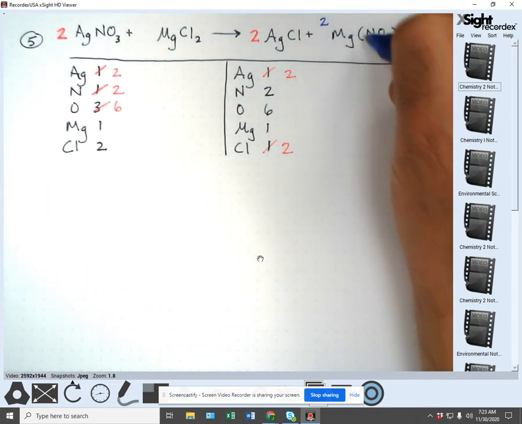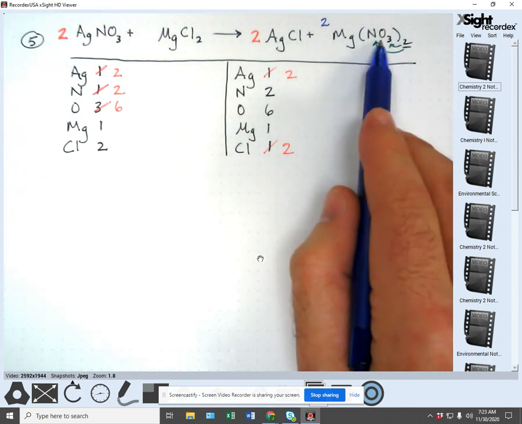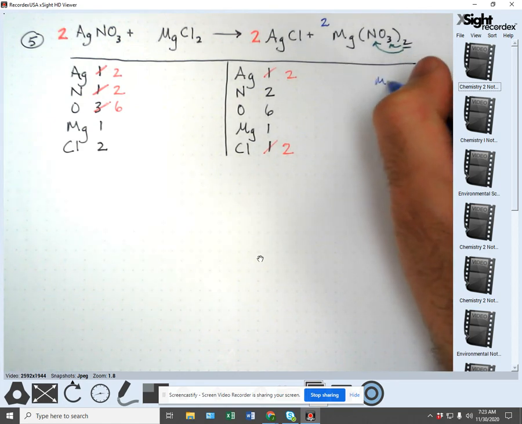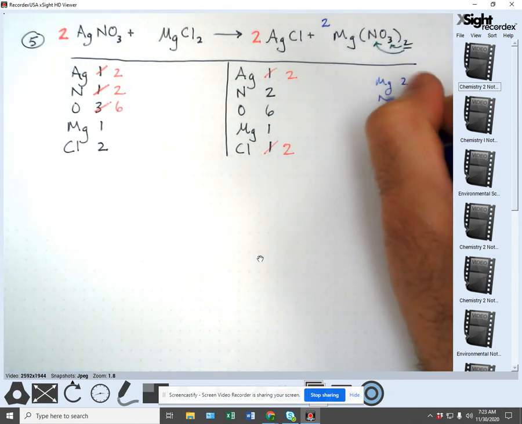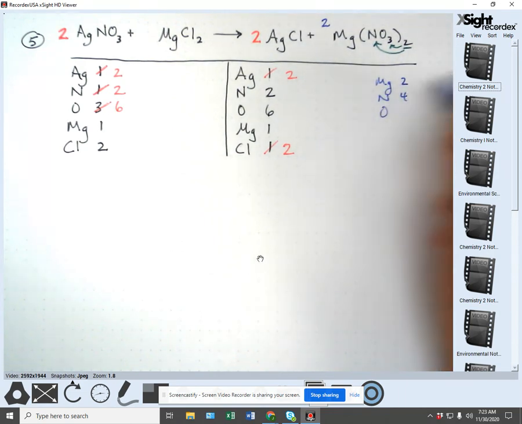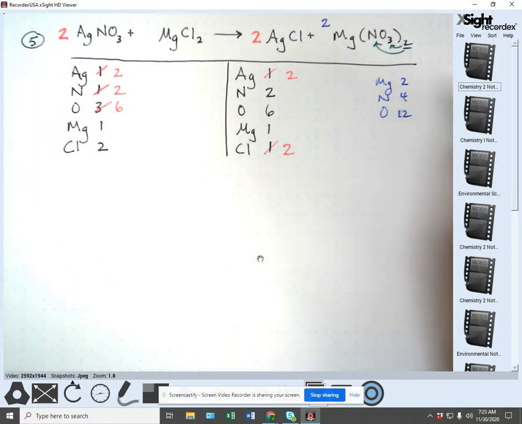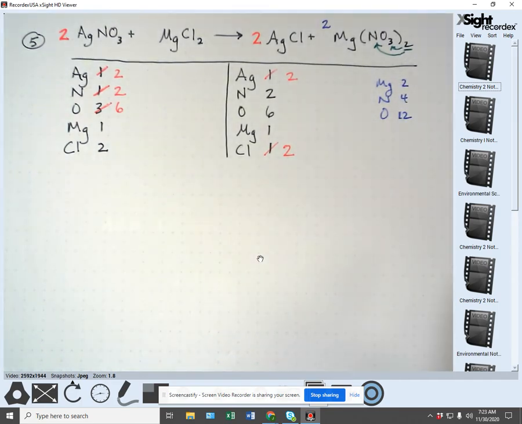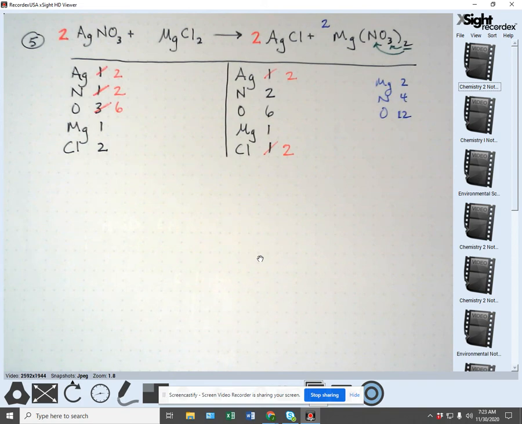If I put a 2 here, it would be 2 magnesium, and then 2 times 2 times 1, or 4 nitrogen, and my oxygens would be 2 times 2 is 4, 4 times 3 would be 12. That's not actually part of this balancing, but I wanted to go over that.